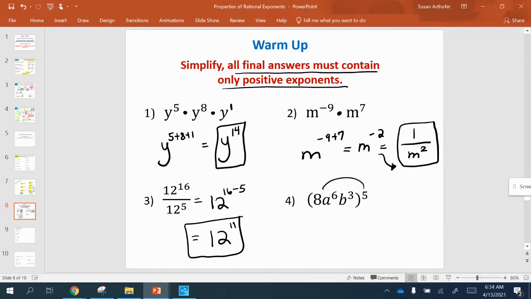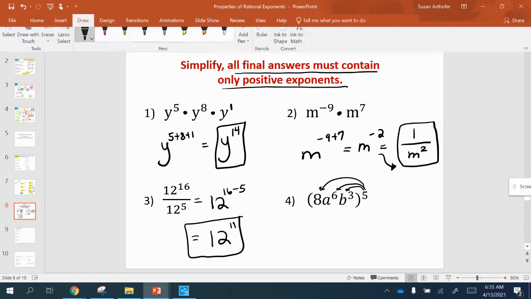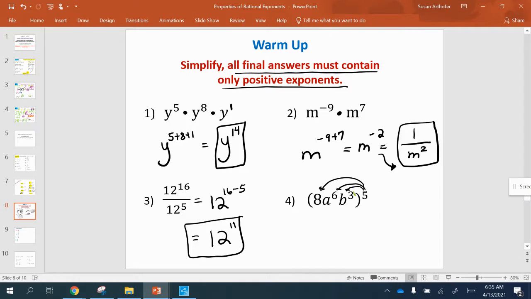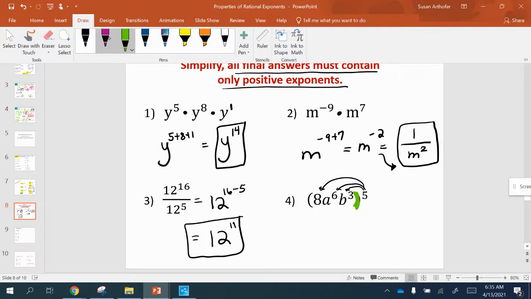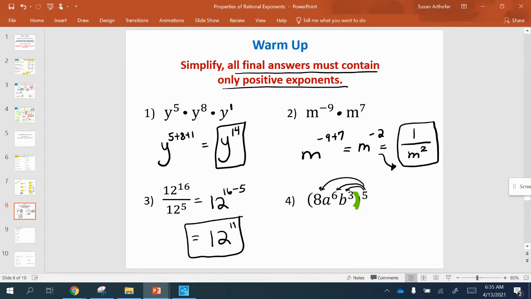And then this one we just talked about going ahead and distributing. And here again, you want to make sure that you remember that this parenthesis is a reminder to you that this is the time that you go ahead and multiply the exponents. Okay?